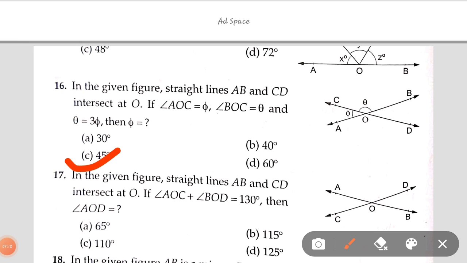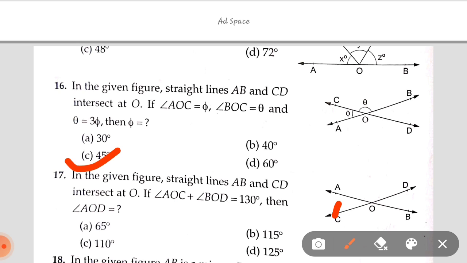In the given figure, two straight lines AB and CD intersect at O. If angle AOC plus angle BOD is equal to 130 degrees, then AOD is equal to what?